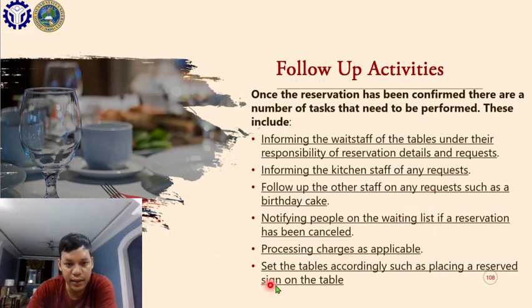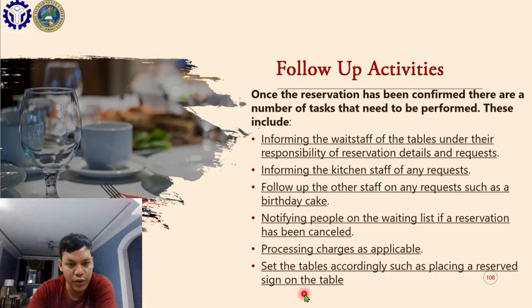And lastly, set the tables accordingly, such as placing a reserved sign on the table. As I have mentioned, for example, there's a birthday and there are 20 guests, and in every table there are only 6 chairs.